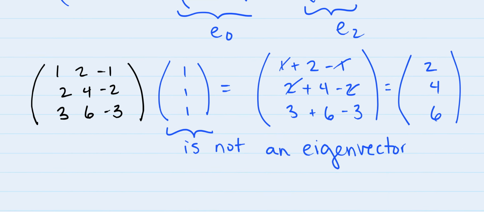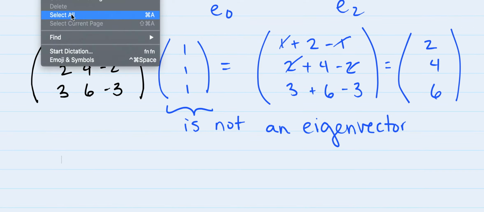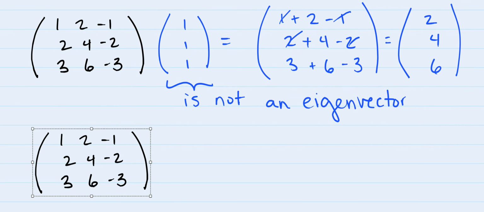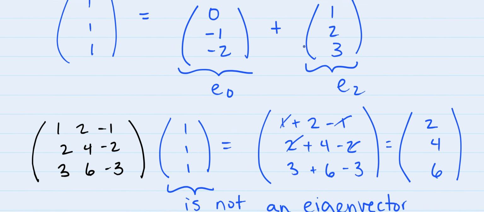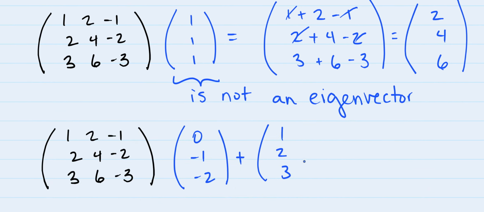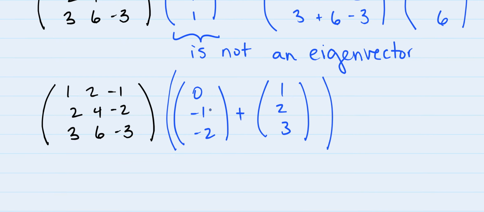So if I put that matrix down here, and then I apply this to 0, negative 1, negative 2, plus 1, 2, 3, right? Well, this right here, we know that this belongs to the 0 eigenspace.